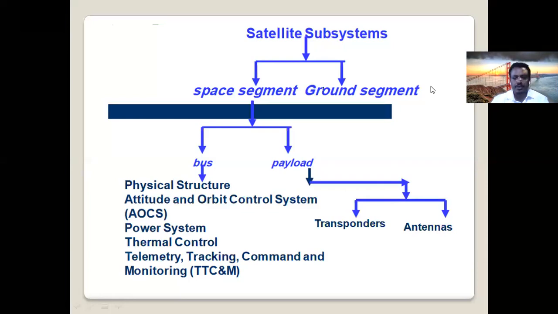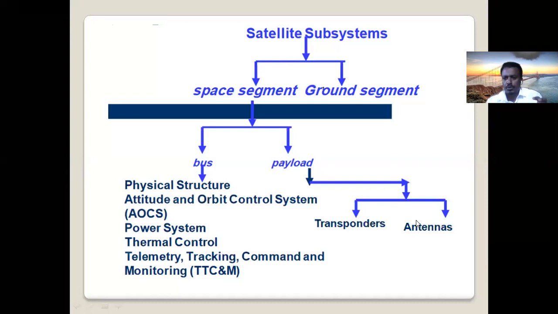So we have started to discuss components of a satellite communication system. As we have discussed last week, the components we use for a satellite communication system depend on the type of orbit, and on the type of service provided by the satellite.